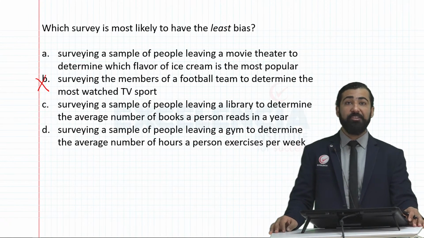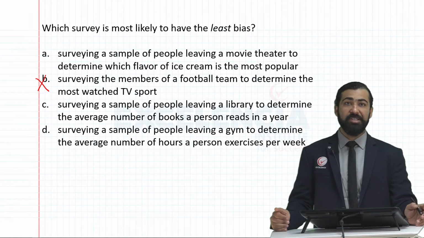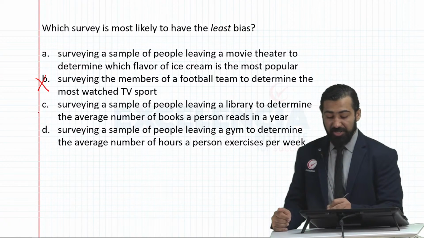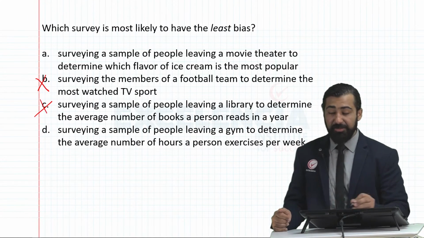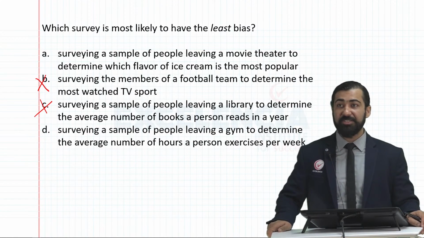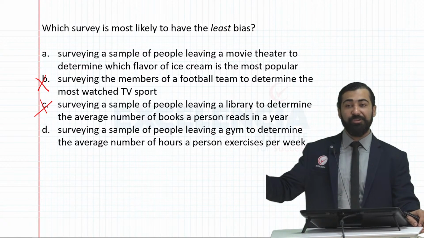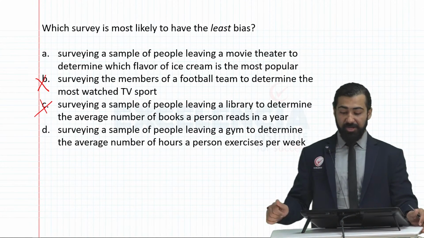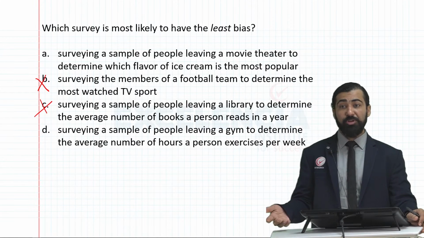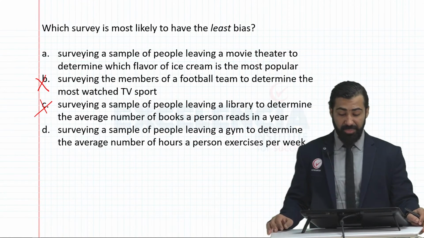Surveying a sample of people leaving a library to determine the average number of books a person reads in a year. This is not a very good population, because rather than selecting the sample randomly, they selected people walking out of a library who are bound to read more books than the average person, generally speaking.